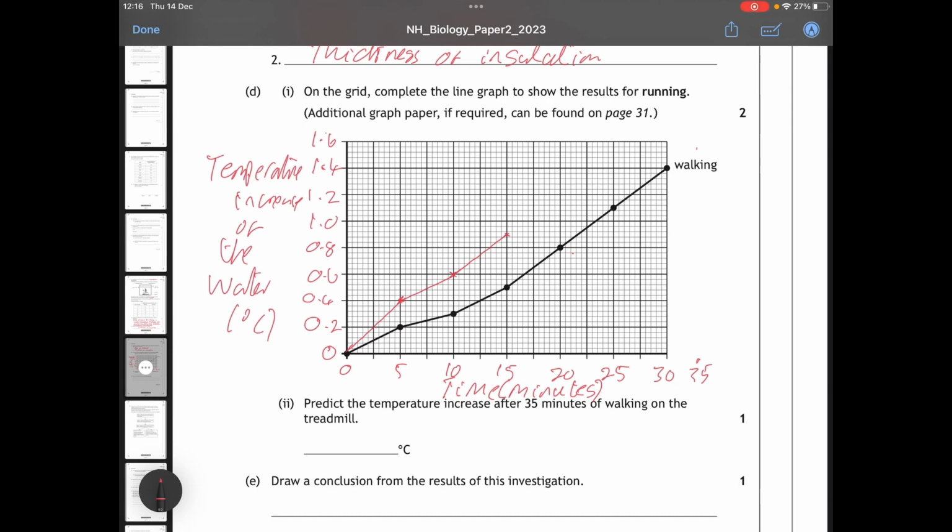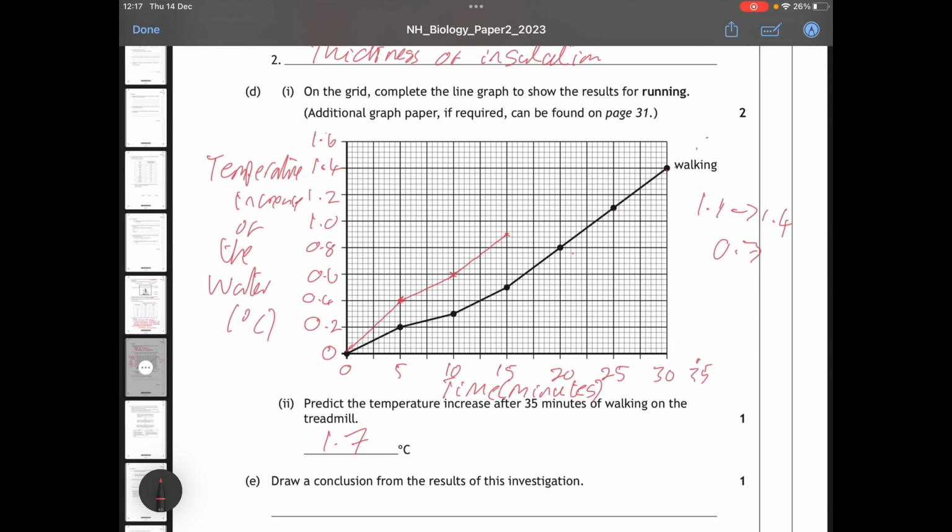Now, there's no graph paper in this one to extrapolate, so you just look to the previous increase. It's gone from 1.1 to 1.4, and that's an increase of 0.3. You simply add your 0.3 onto the 1.4, and that's going to take it up to 1.7.